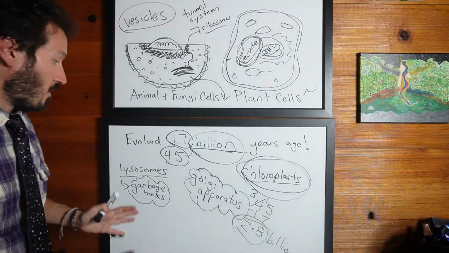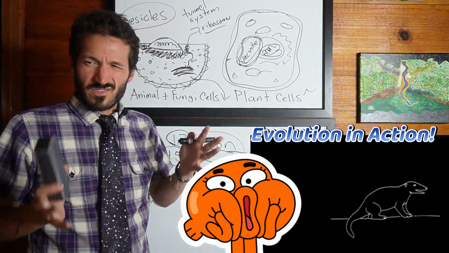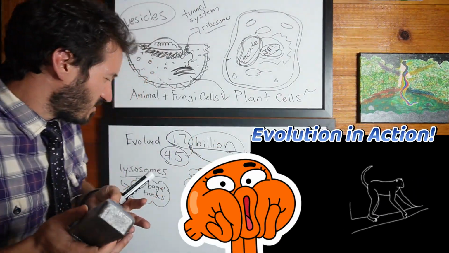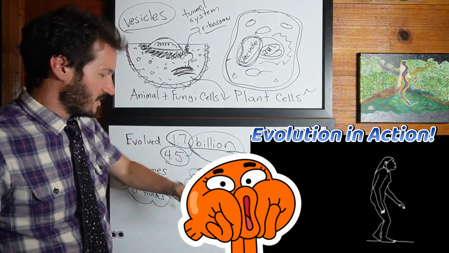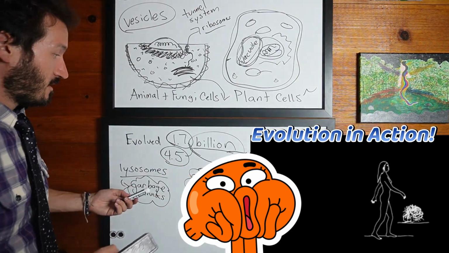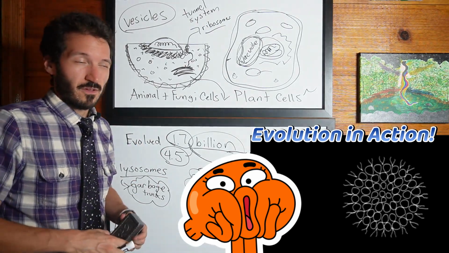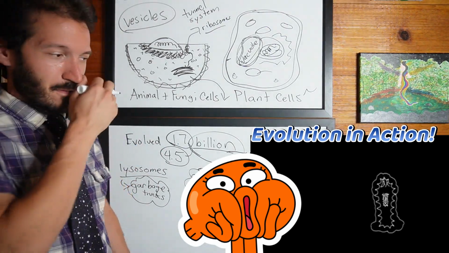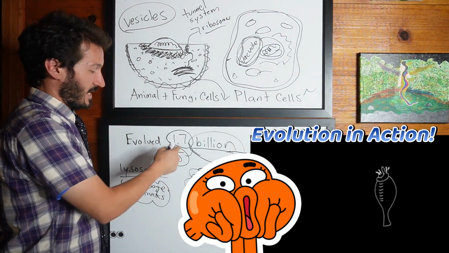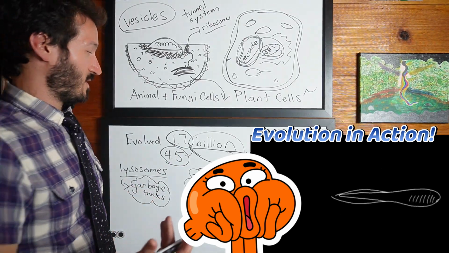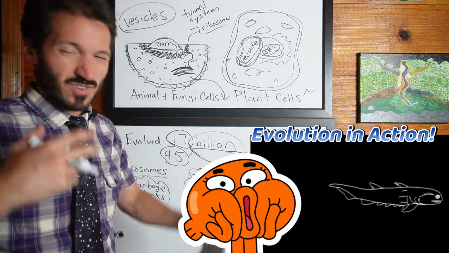Yeah, so life evolved about 3.5 billion years ago, something like that. And you could see that that's a long time ago. If prokaryotes evolved about 3.5 billion years ago, that means there was a gap of like 2 billion years between the first prokaryotes and eukaryotes. Pretty crazy to think about.